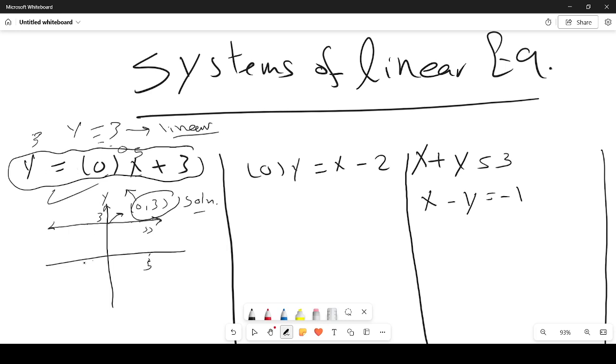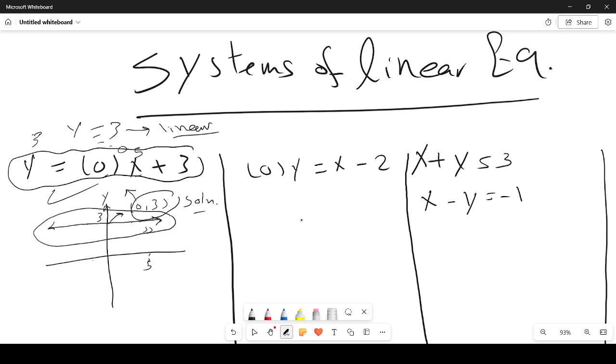If we choose any value of x, it will satisfy the same equation. So any point that lies on this line satisfies the equation, which means it is a solution of this equation.